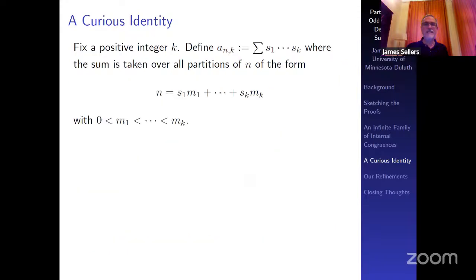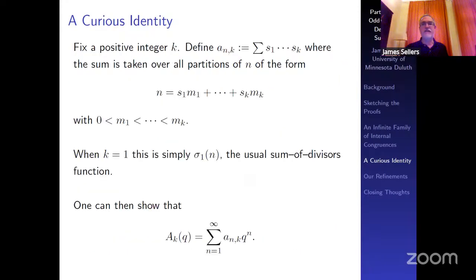But what exactly is this object, the a sub n and k, doing when k is fixed? Well, what it's doing is calculating all the possible multiplicity combinations, if you will, of all the parts.